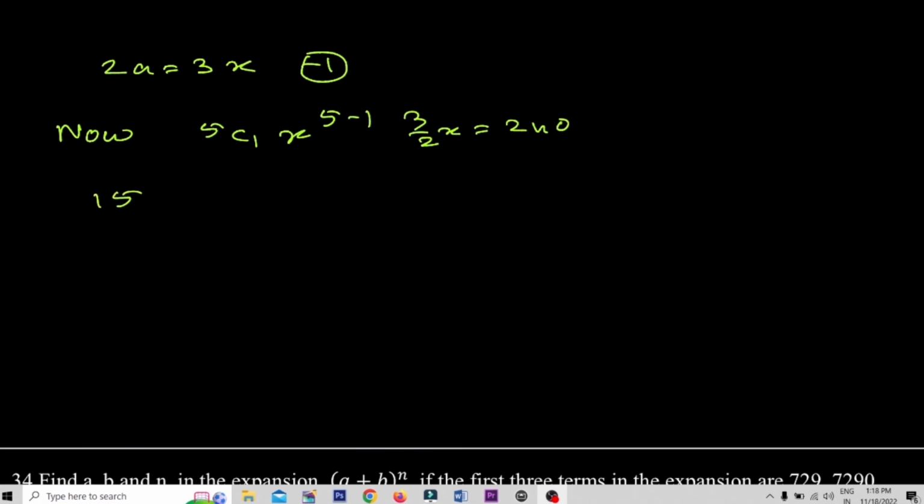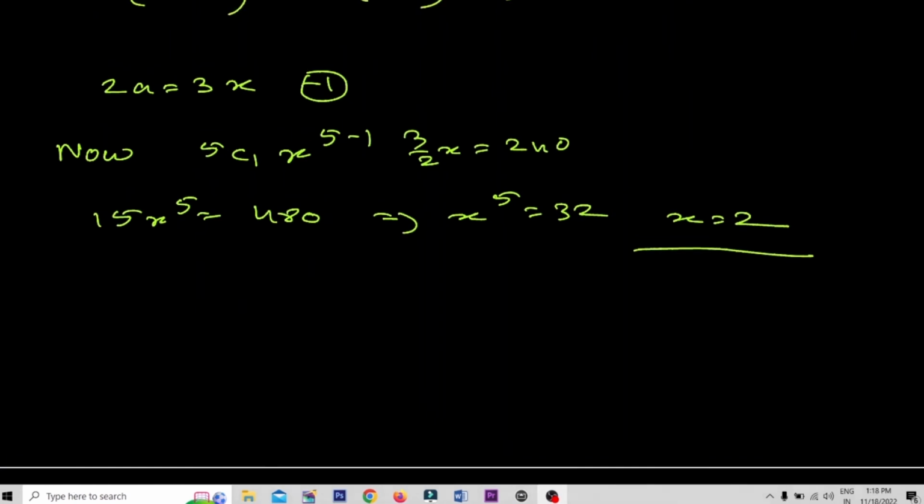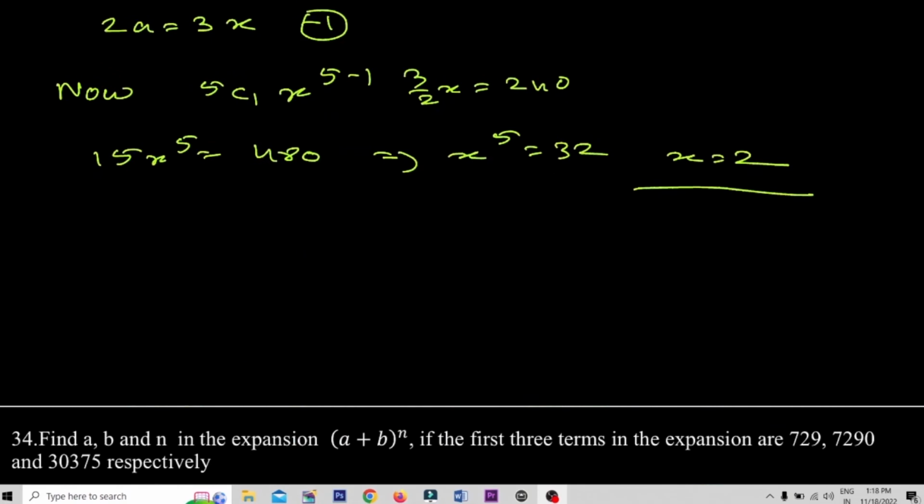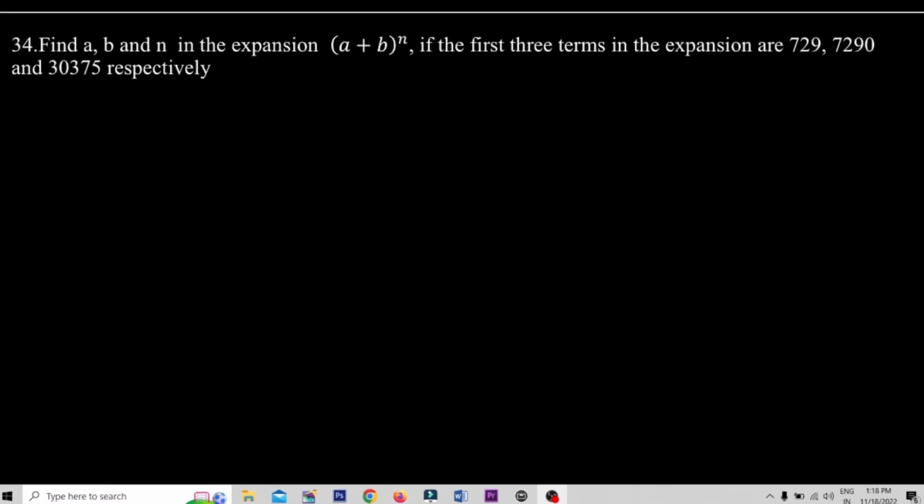So 15x to the power 5 equal to 480. Therefore x to the power 5 equal to 32. So x equal to 2. By putting n and x in either 1 or 2, we get a equal to 3.